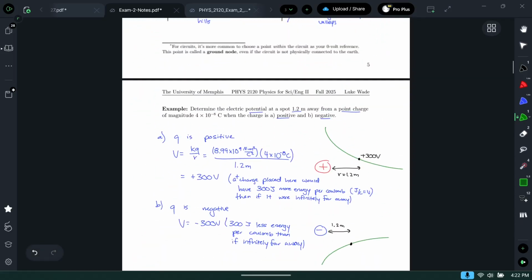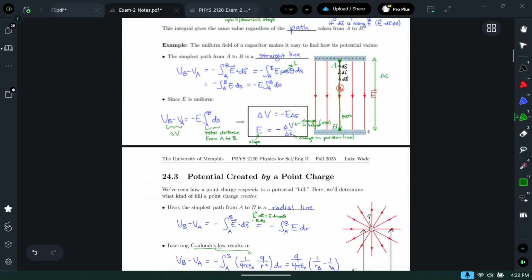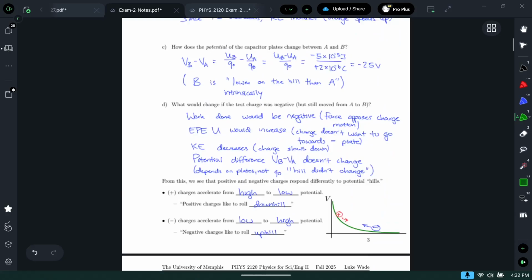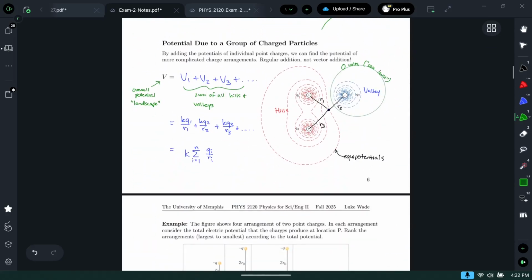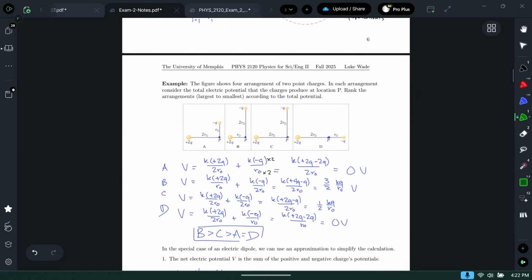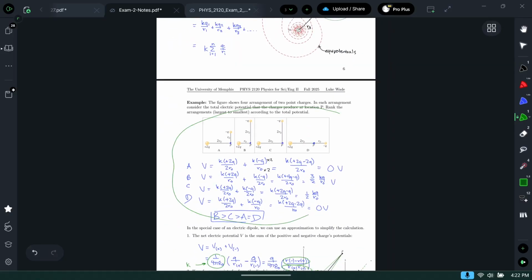For calculation, really the first thing, if I look back through all of this, that I would have you calculate is the potential due to a group of point charges. So something like this, but more concrete, with some numbers to work with. And the nice thing about this is that it's not vector addition like for electric fields. You just add these numbers together and that will give you the right answer.